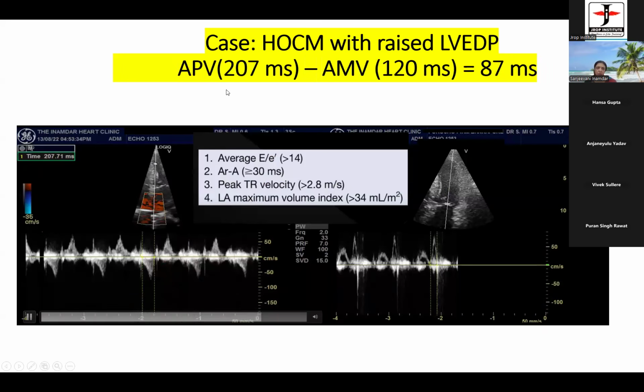So this is another patient where it is shown that it is 87 milliseconds. So in HOCM, one has to label, along with these basic parameters, the AAR duration, because the S/D ratio is not at all useful in predicting LAP. So if AR and A is more than 30 in HOCM, it is always raised LAP.